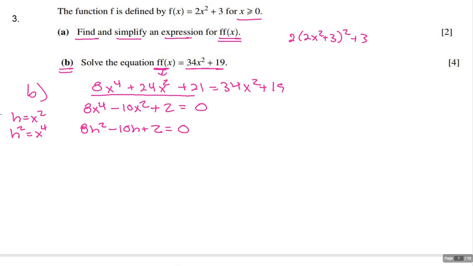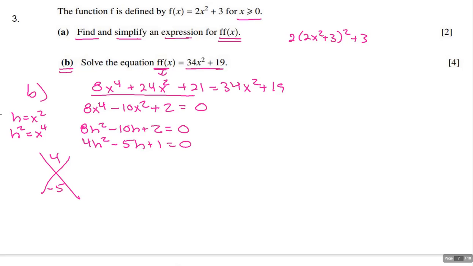And once again, you could use the quadratic formula. Or we could divide all this by 2, right? Yeah. If I divide it all by 2, what do I get? You get 4h squared minus 5h plus 1. Now again, you can use the quadratic formula, or we could factor it. What's 4 times 1? 4. And then negative 5 at the bottom.